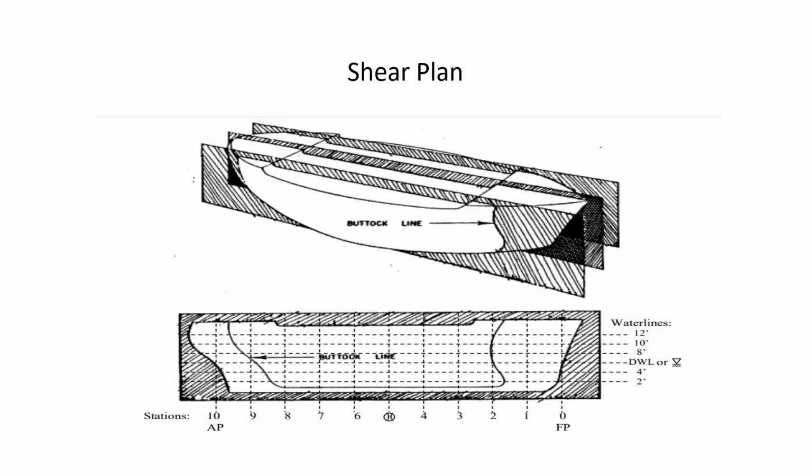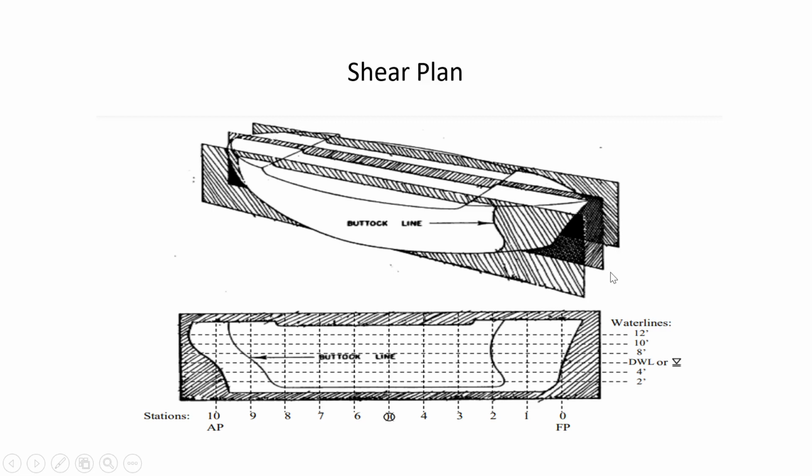Now the sheer plan. How we will normally do it is, we will take the three-dimensional ship and, along the center line, see, this is the center line of the ship, we are cutting the ship with a plane which is along the length of the ship and along the depth of the ship.